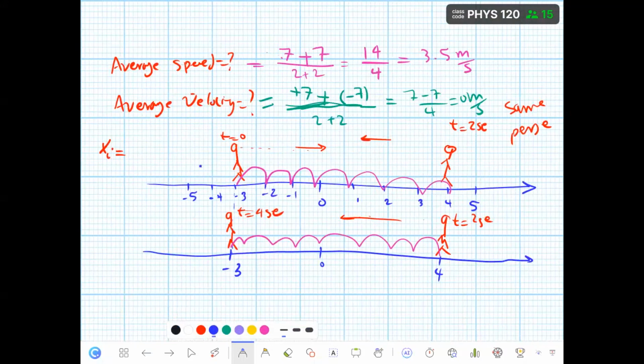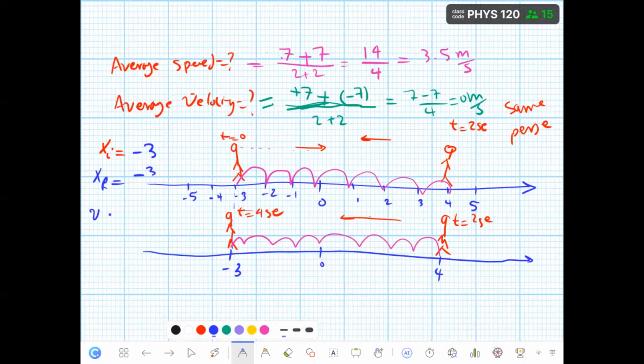Good. What is the final position? Again, -3. Yes. Start from -3 and come back to -3. So it's going to be -3.